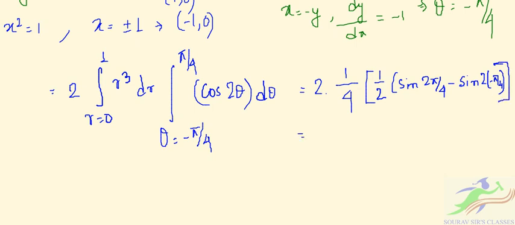Now it will be 2, it is already half. 2, 1 by 4, half is already there, and from here we get the expression. Everything cancels, and 1 by 2 is 0.50.